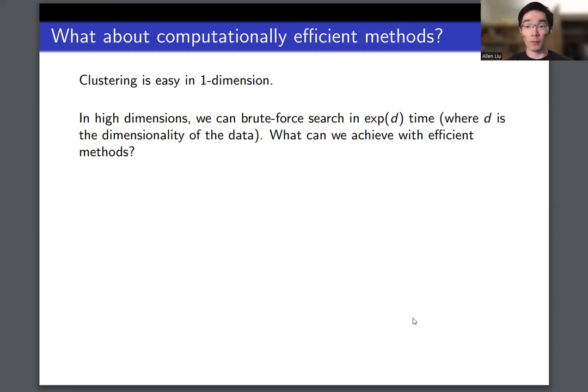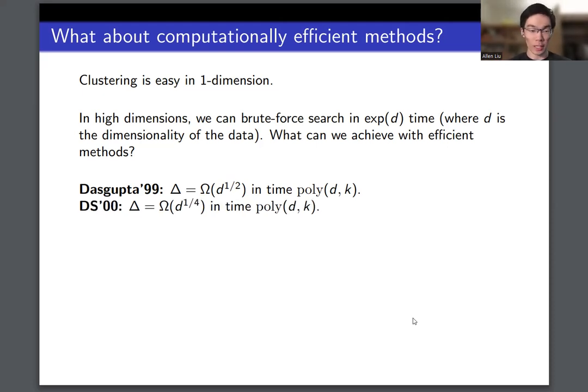However, for efficient algorithms, people were very far from the information theoretic limit for quite a long time. First, in 1999, there was a result by Dasgupta that showed how to solve the clustering problem with separation of root D in polynomial time. This was improved in 2000 to a separation of D to the 1/4. And then it was improved a little bit further, to a separation of k to the 1/4. So instead of the dimensionality, it only depends on the number of components.